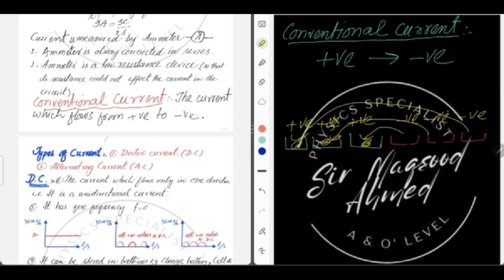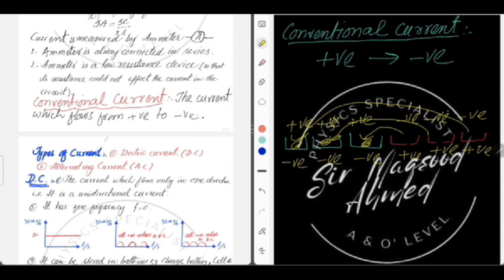From this example we can conclude that as the electron, meaning ball, moves from negative to positive, from red basket to green basket, the deficiency of electron moves from positive to negative. The deficiency has shifted opposite to the flow of electron.